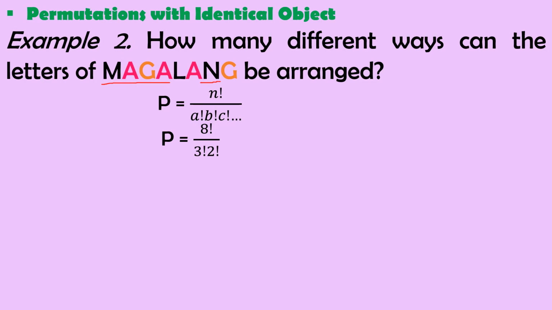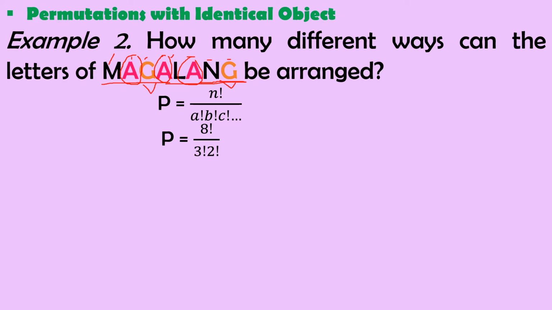The word Magalang is composed of 8 letters. 1, 2, 3, 4, 5, 6, 7, and 8. And for our denominator, 3 factorial, as you can notice, we have here 3 letter A. So this is for the 3 factorial. And for 2 factorial, you can also notice that we have 2 letter G.